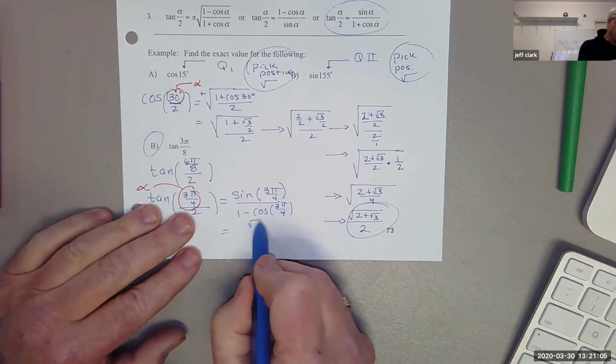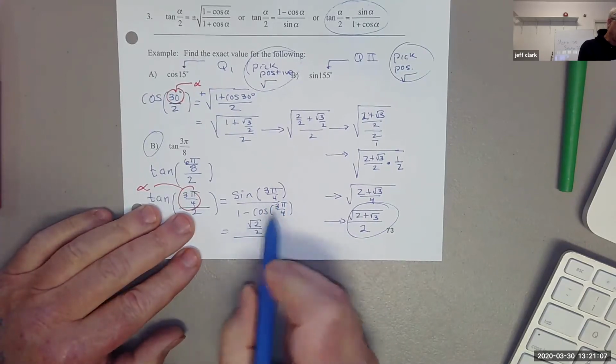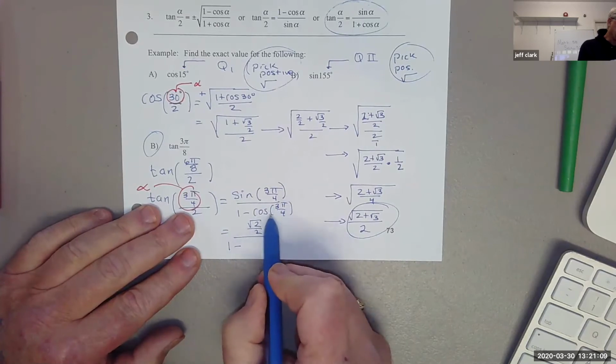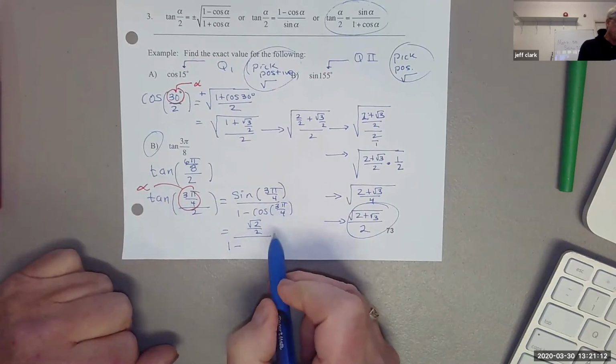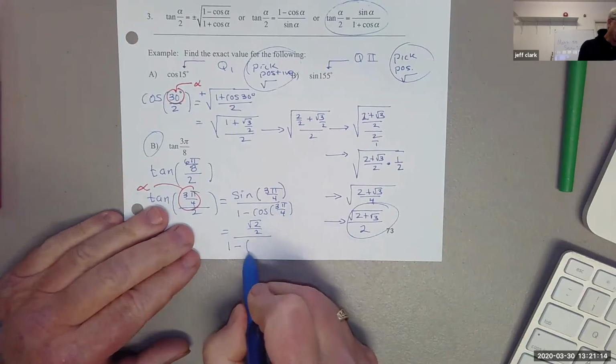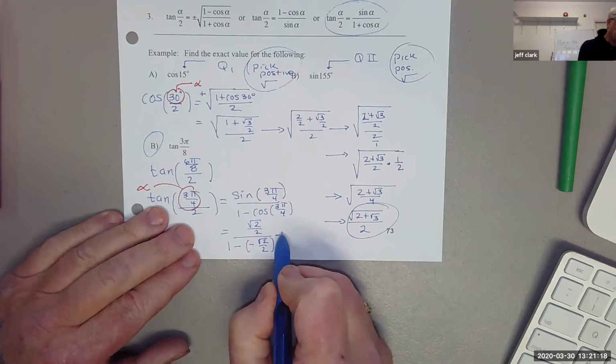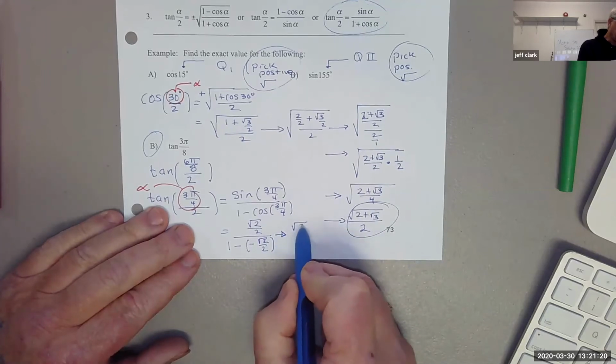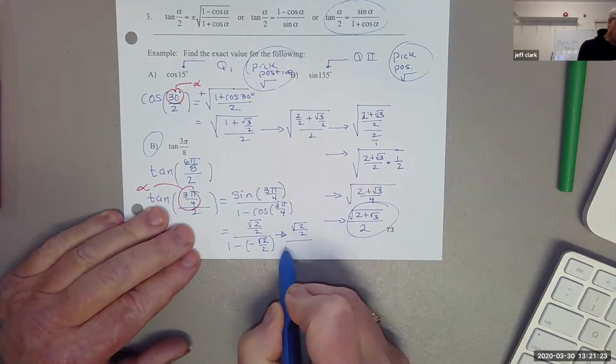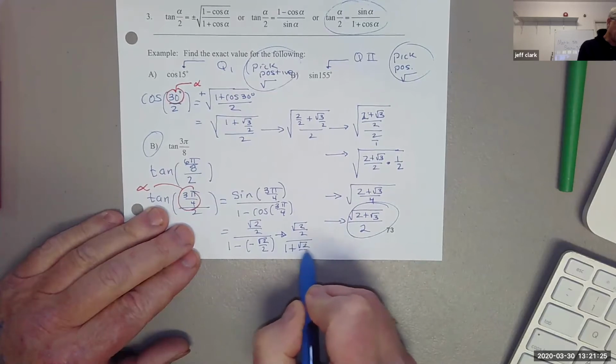That's positive root 2 over 2. 1 minus cosine of 3 pi over 4, that's negative root 2 over 2. So root 2 over 2 divided by 1 plus root 2 over 2.